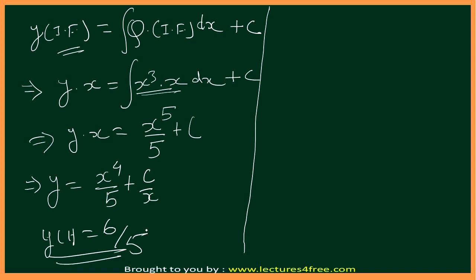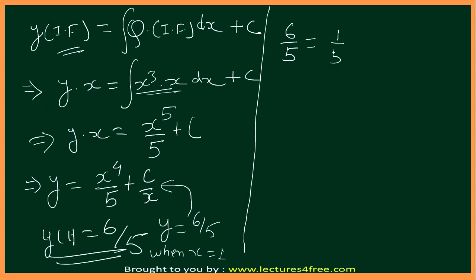It means y is equal to 6 by 5 when x is equal to 1. So apply this condition to this equation. You will get 6 by 5 is equal to 1 by 5 plus c upon 1, since x is 1.